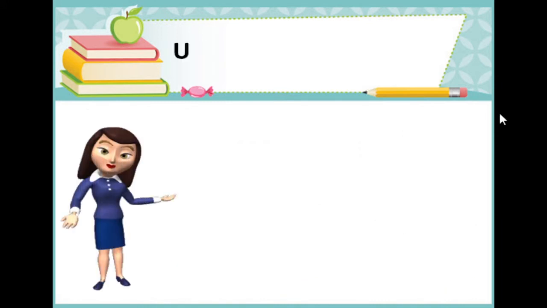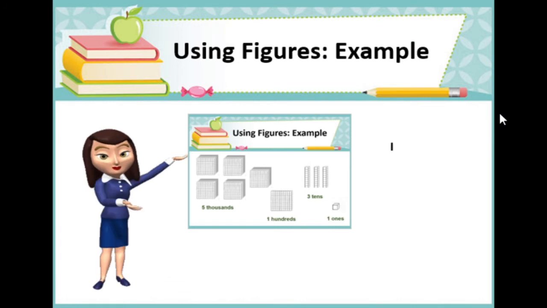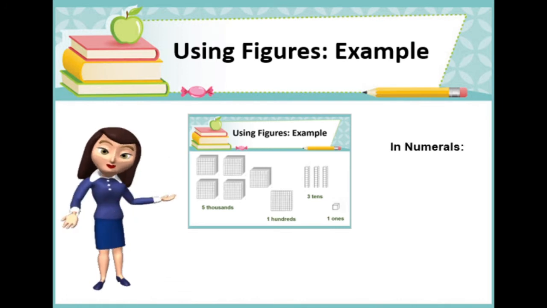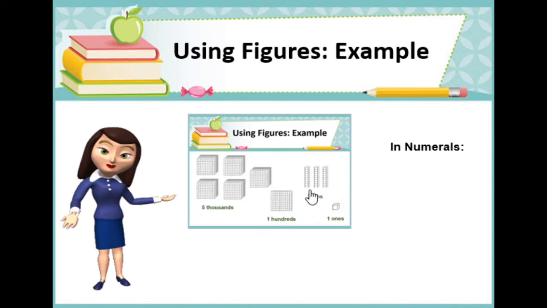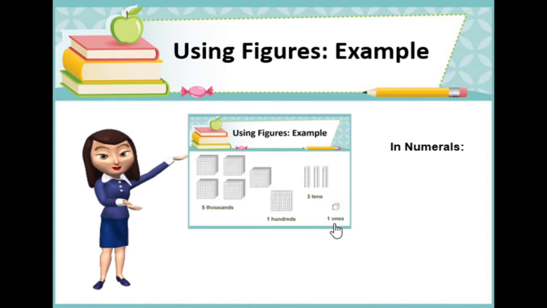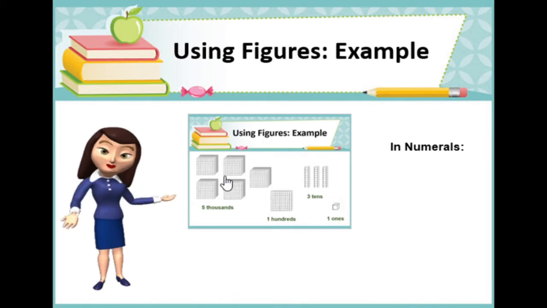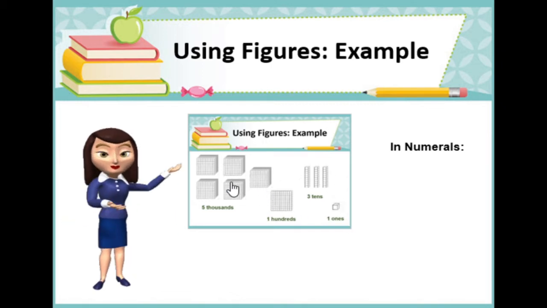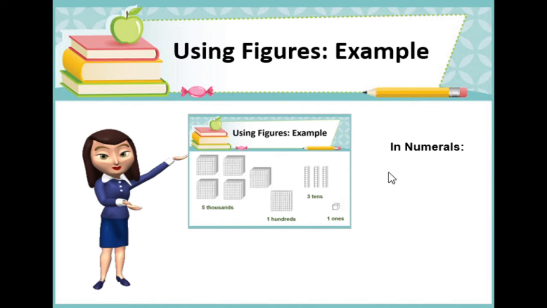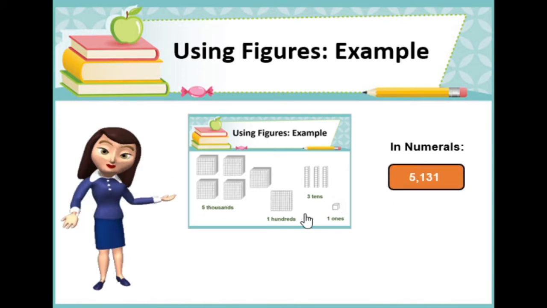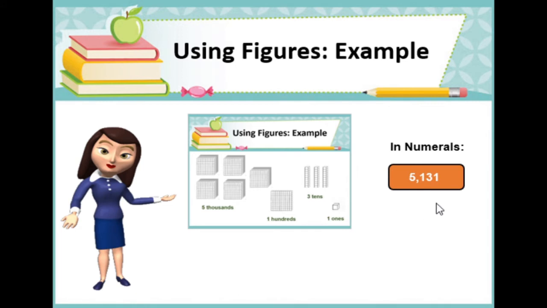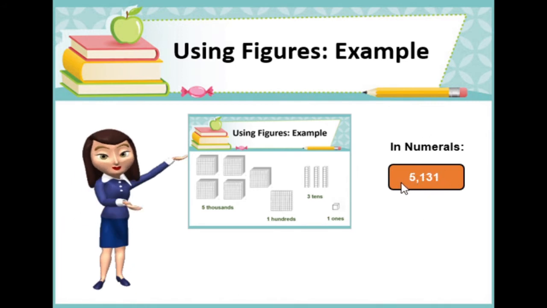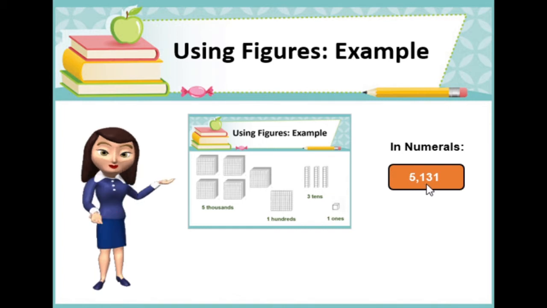Okay. So looking back at the example or the figures, in numerals, you can write it through this number. So you can write 5, 1, 3, and 1 in order, okay? So you have to start with thousands and end up with the ones. So start with thousands, you have 5, 1, 3, and 1. So in numerals, you can write it as 5,131.